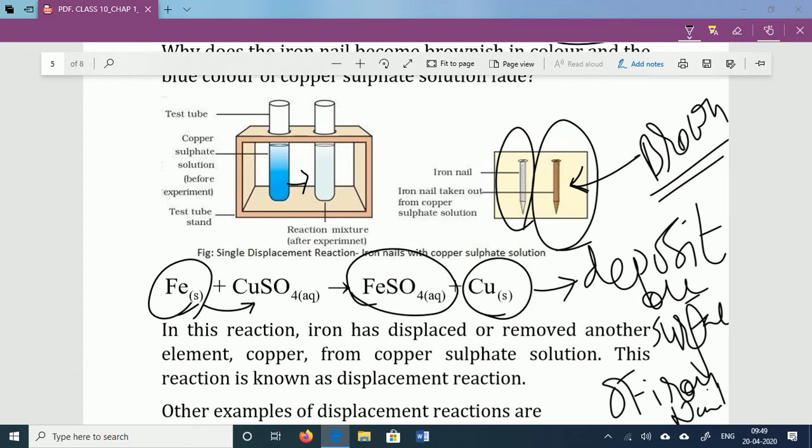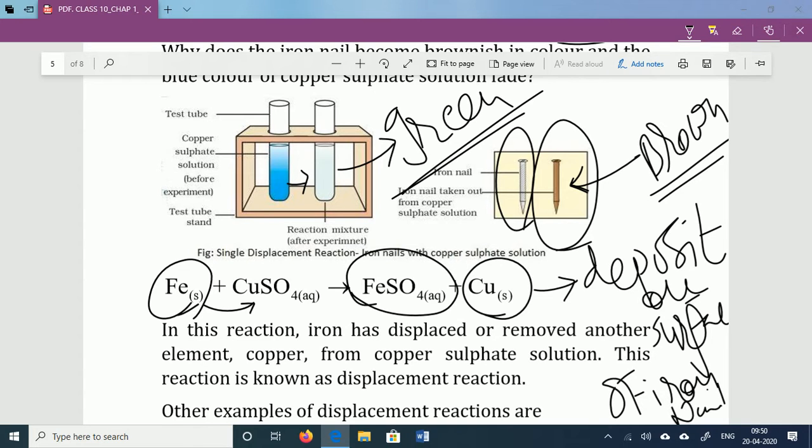So ultimately CuSO4 is converted to FeSO4, and the blue color is a property of CuSO4. Now CuSO4 is no longer in existence. Suppose a large quantity of CuSO4 is converted to FeSO4, the color intensity slowly decreases. When all the CuSO4 is converted into FeSO4, the color of the solution will become green, because the color of FeSO4 is green.